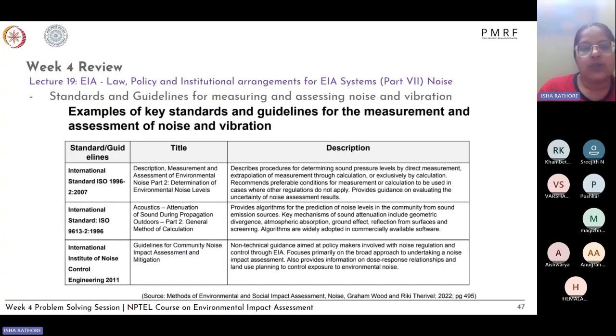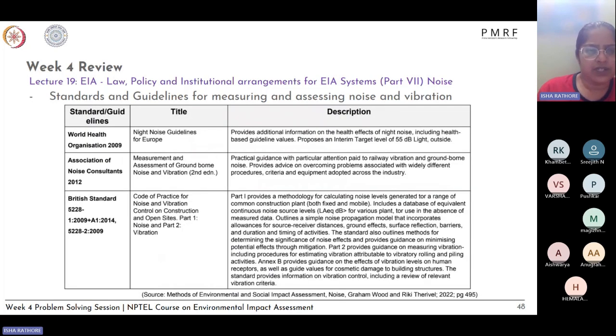Then we also looked at the key standards and guidelines for measurement and assessment of noise and vibration. You can go through these standards by yourself. We have the World Health Organization giving the night noise guidelines for Europe, and the British standard, which gives a code of practice for noise and vibration control on construction and open sites. It has two parts: part one is on noise, and part two is on vibration. It gives details of what activities and what kind of noise levels are mentioned.